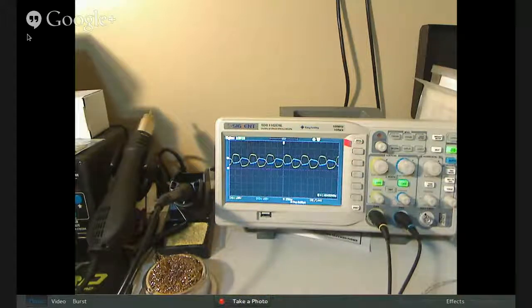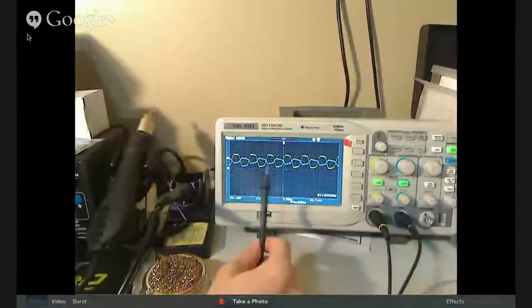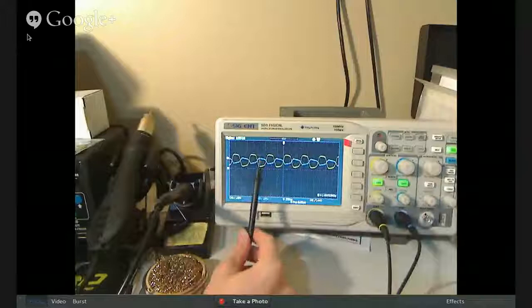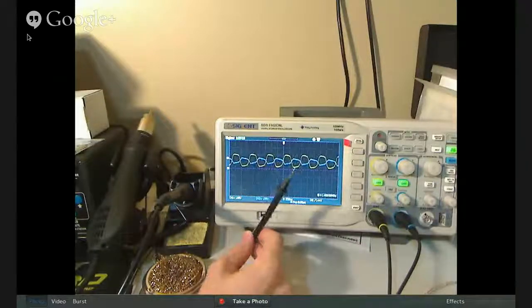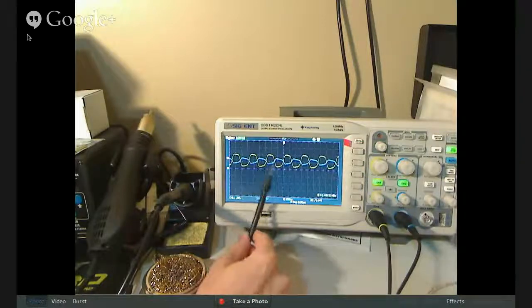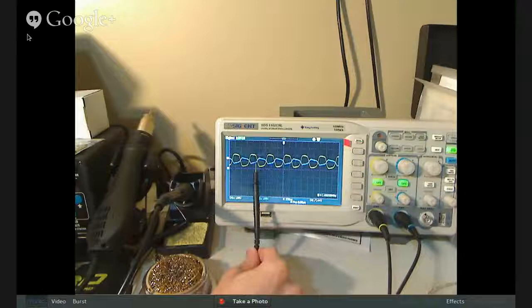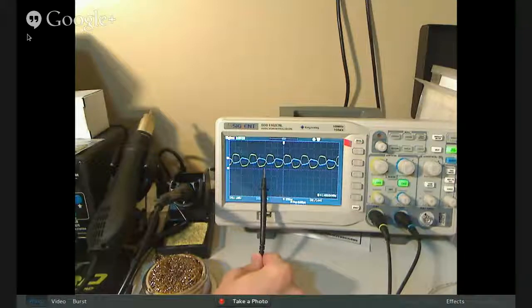Let me get something to point with. The blue is our transistor base voltage, right? As it's turning on, the output at the LED is turning off.